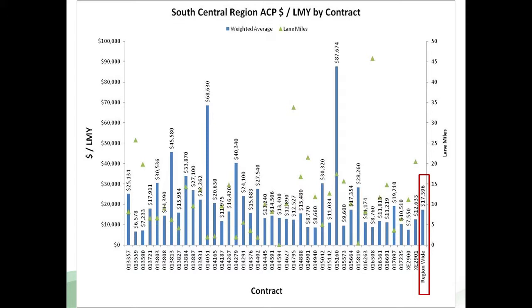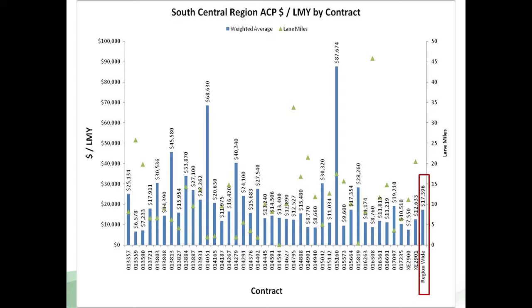So maybe this was rebuilding an interchange where you would expect, okay, the costs are going to be significantly higher. But some of these routes have very high lane miles and the costs are very low. So this indicates that the way that we have designed and maintained that section of road over the years has been a good performer, so we should try to learn from what we did there and how to repeat it.